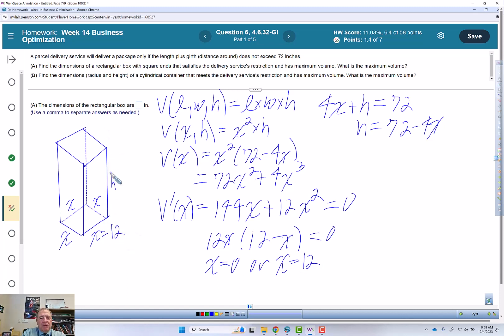I still need to find the h dimension, and I'm going to get that here. So h is 72 minus 4 times 12, or 72 minus 48. So h is 24.